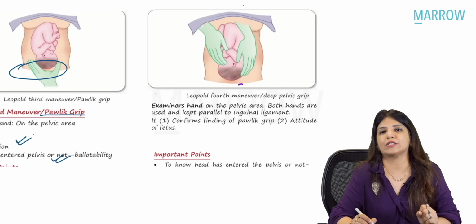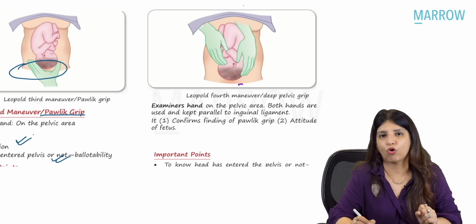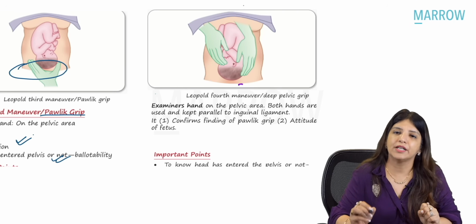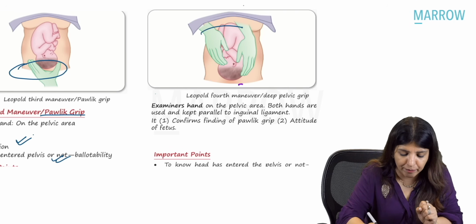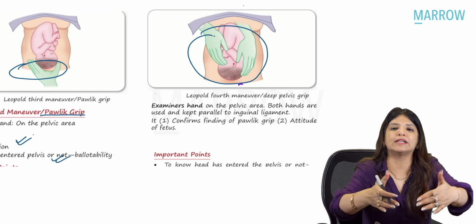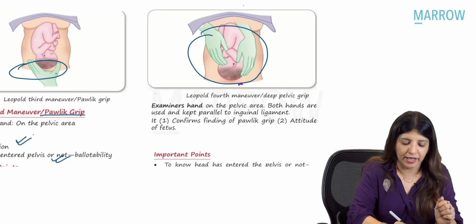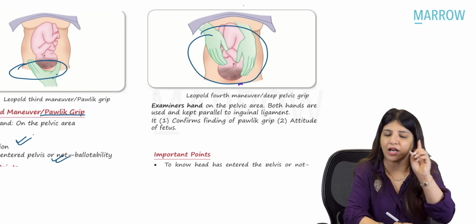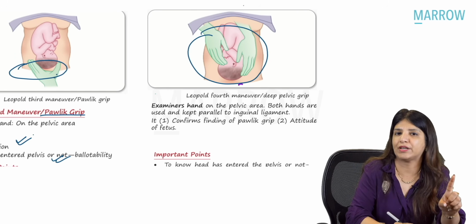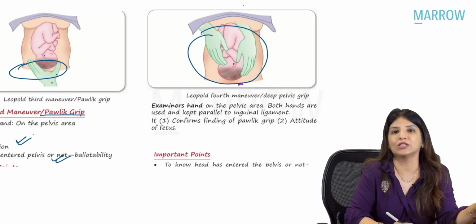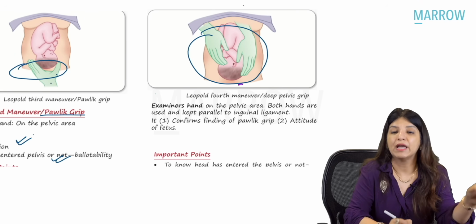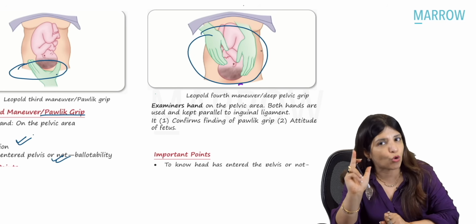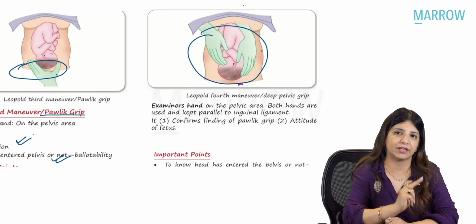Now, till this time, you were facing the face of the patient. Now you are going to face the feet of the patient and perform Leopold's fourth maneuver, which is also called the deep pelvic grip. In the deep pelvic grip image, you will see two hands near the pelvic area. In Leopold's third maneuver, you will see a single hand near the pelvic area. A single hand means Leopold's third maneuver or the Pawlik grip, and two hands means Leopold's fourth maneuver or the deep pelvic grip.